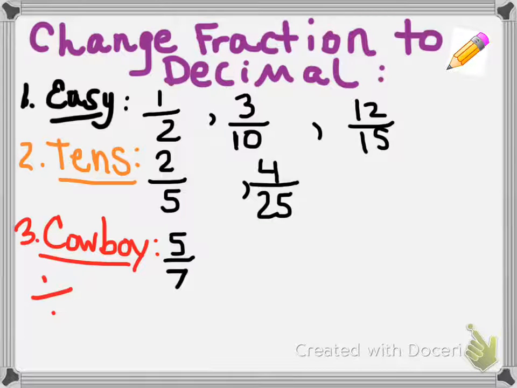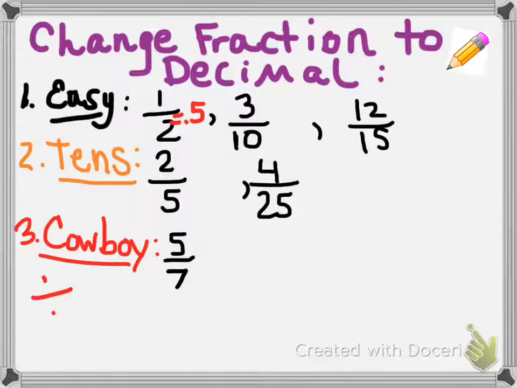Okay, so the easy method, let me change colors here. The easy method is sometimes you already have memorized a fraction to decimal conversion. You've worked with them so often you automatically know them off the top of your head. Okay, so 1/2 should be one of those because you're halfway there.